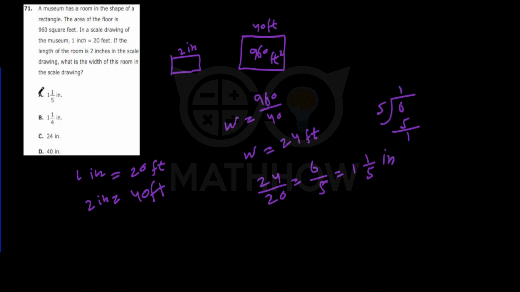So the correct answer will be A. 1 and 1 over 5 inches is the width of the room in the scale drawing.